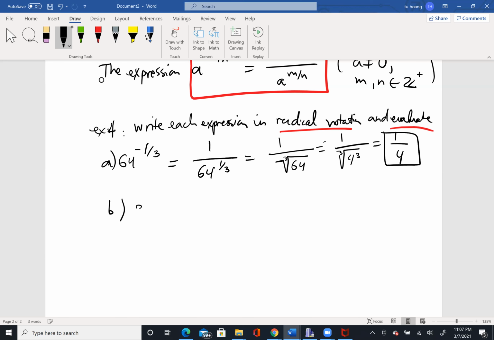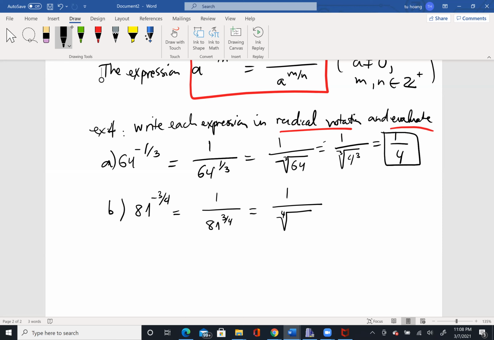B, I have 81 to the power negative 3/4. You will change it to become 1 over 81 to the power 3/4. Now I can rewrite the bottom as a 4th root. The index is the denominator of the power, right?